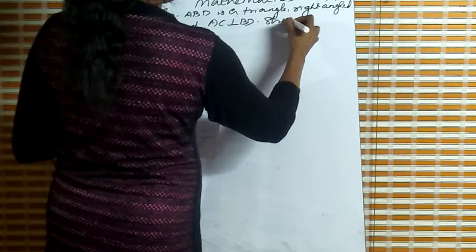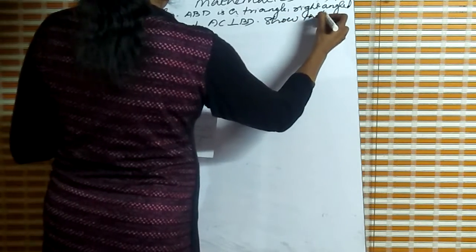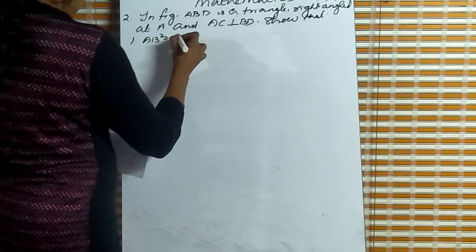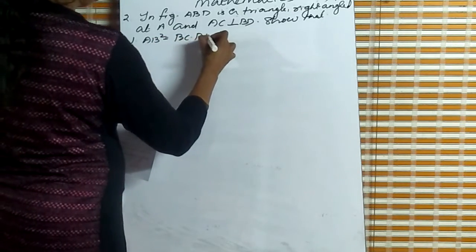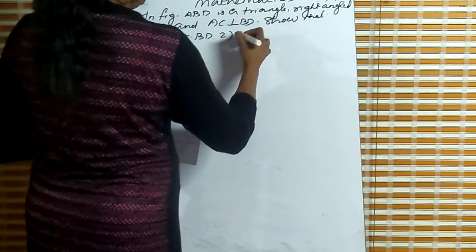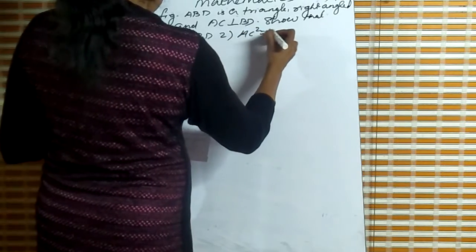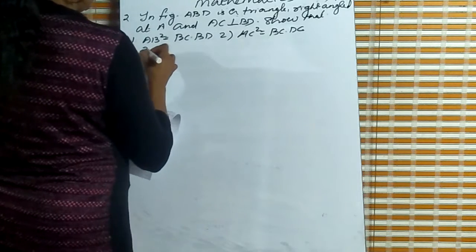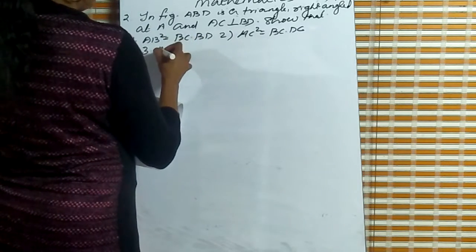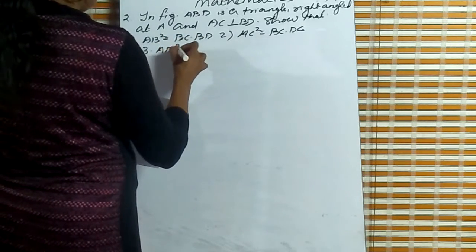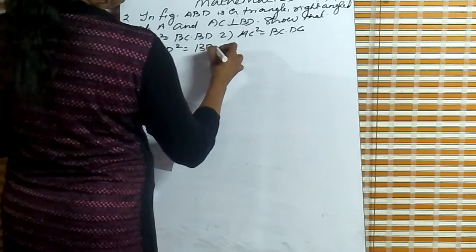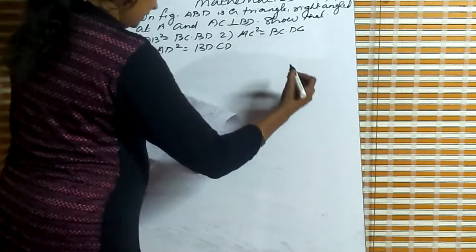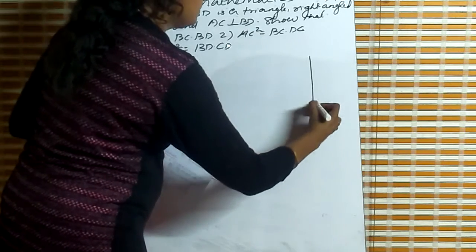Show that 1. AB square is equal to BC into BD, 2. AC square is equal to BC into DC, 3. AD square is equal to BD into CD.